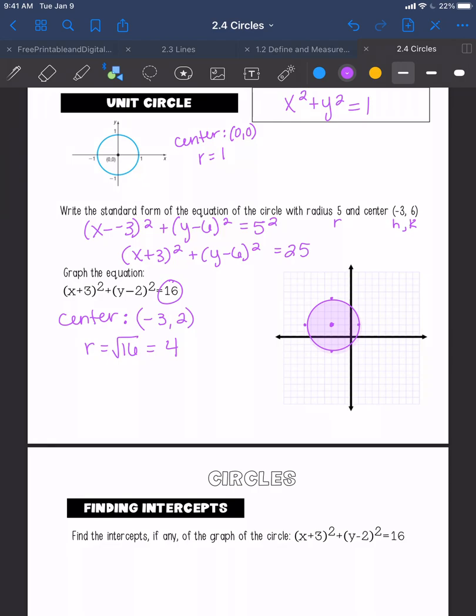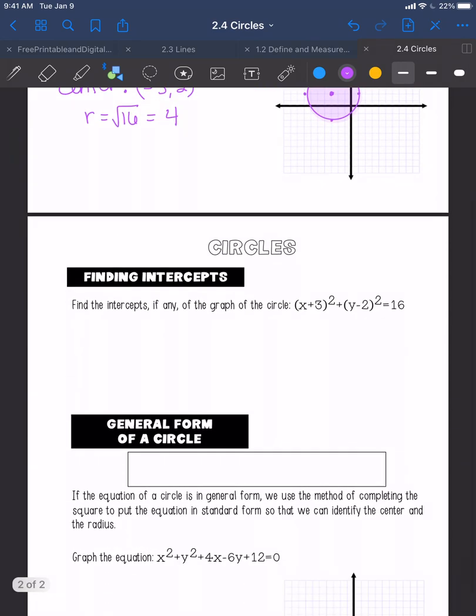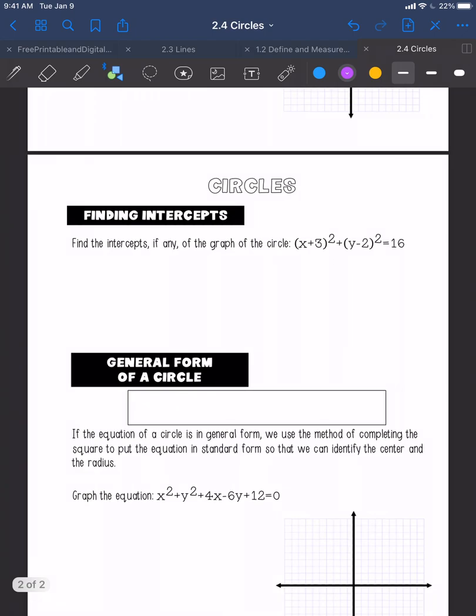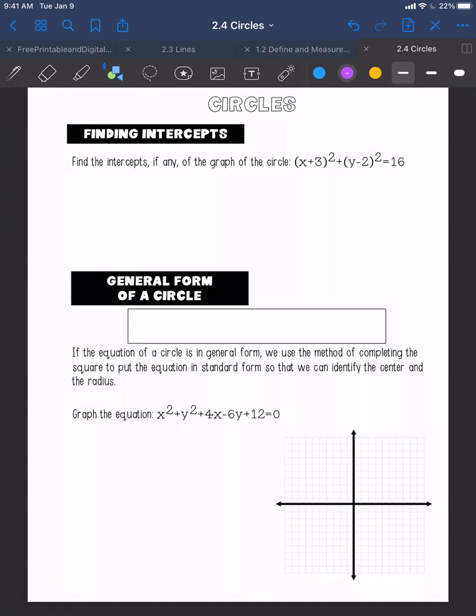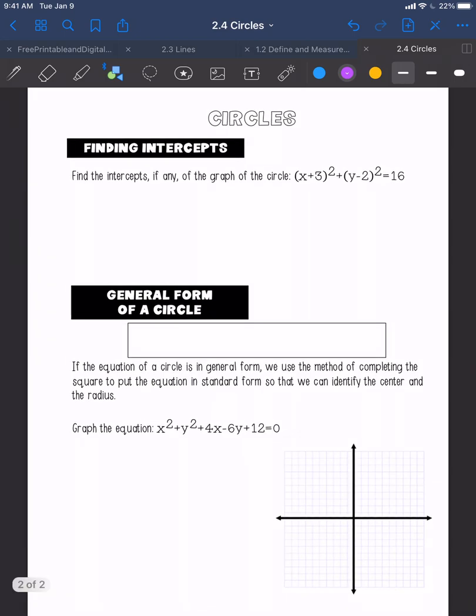Okay, moving on. How we can find intercepts with circles is the same way we did previously. To find x-intercepts, we're going to plug in 0 for the y value, and to find y-intercepts, we're going to plug in 0 for the x value. So here, we're finding the x-intercepts, plug in 0 for y.